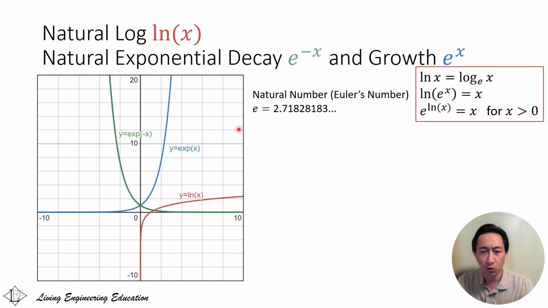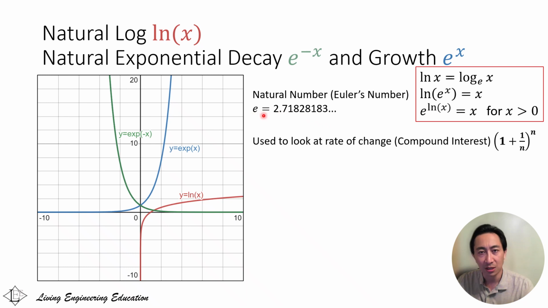All right, so where does your e value come from? There are a number of great YouTube videos that talk about compound interest and where this e value comes from, continuous compound interest.